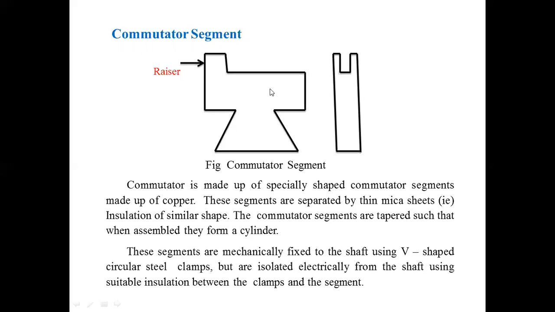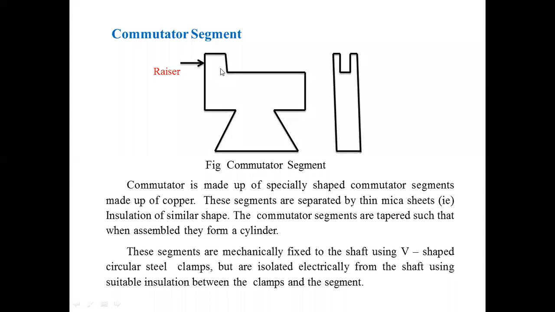So that is a complete commutator, and here it is called a riser. This is the riser.